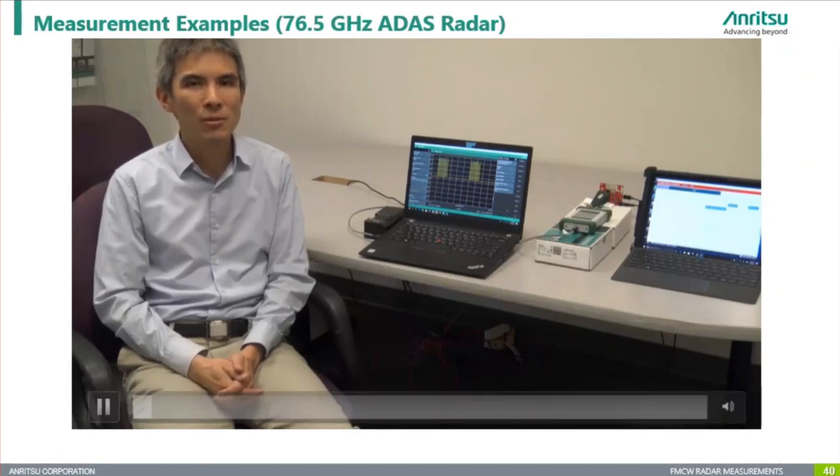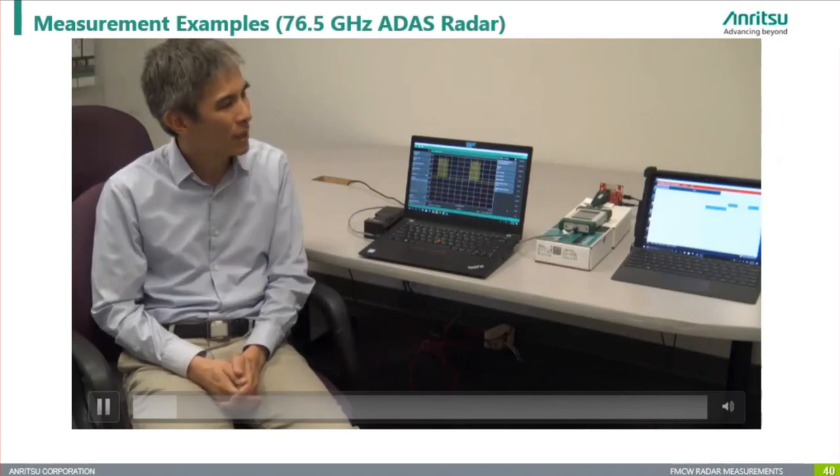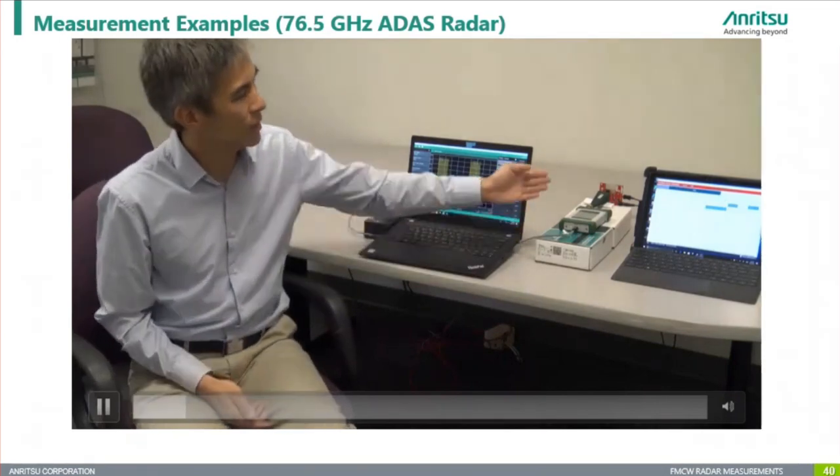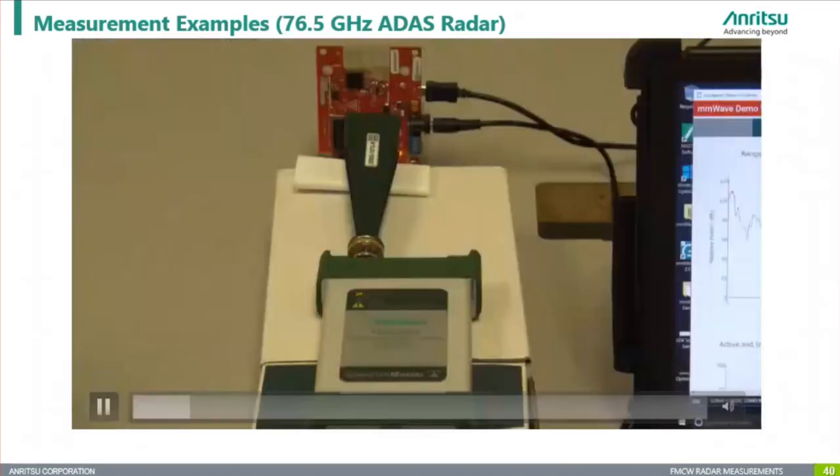Today I'm here to show you how the ultra-portable MS2760A spectrum analyzer can make measurements on a millimeter wave FMCW automotive radar. In this setup here, I have the MS2760A directly connected to a horn antenna that is looking into a radar evaluation module from TI.